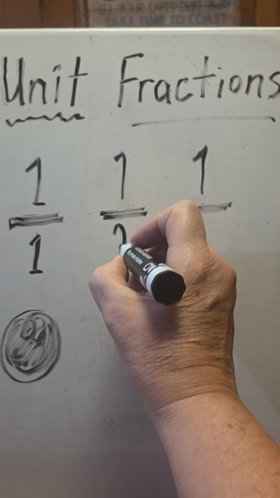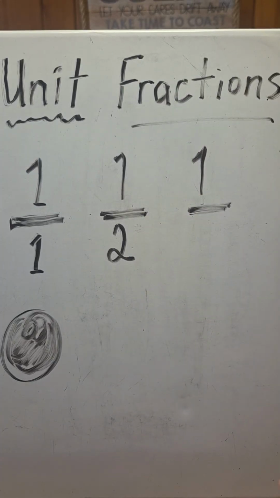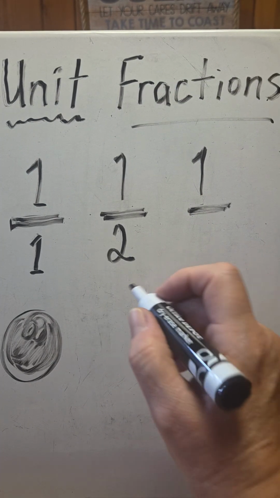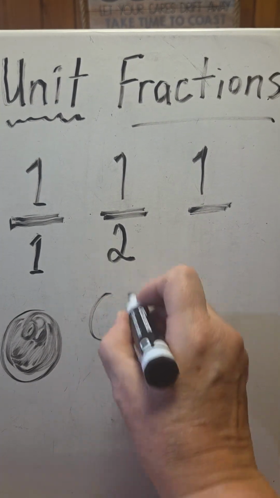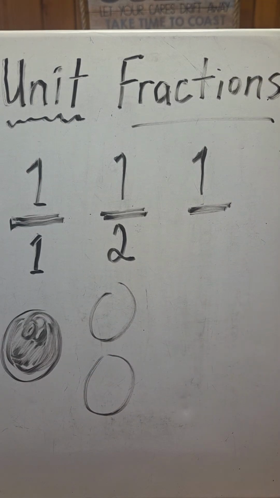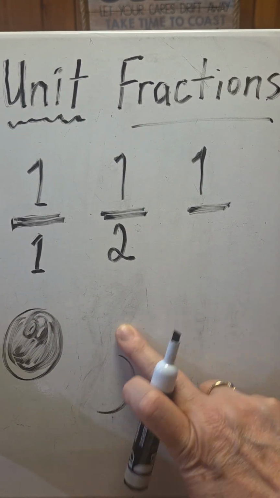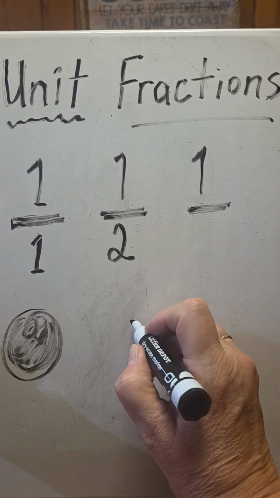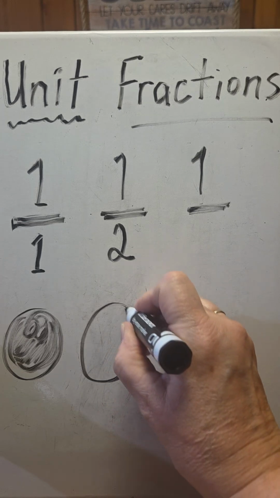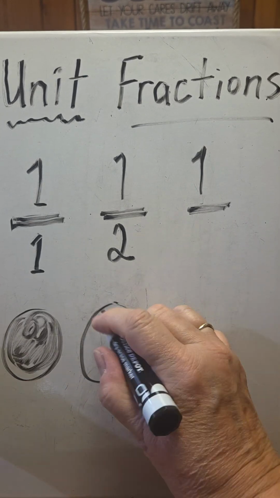I'm going to put a 2 over here. That does not mean we have 2 pizzas. I can't do this. No. That means that I have 1. I'm just going to call them pizzas because I'm hungry. Yeah, I have a 1 that's like the same as this one.